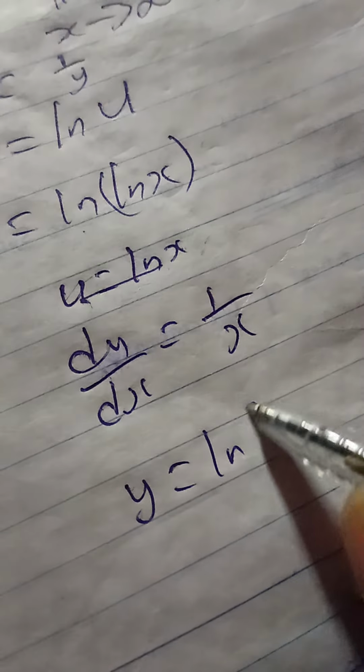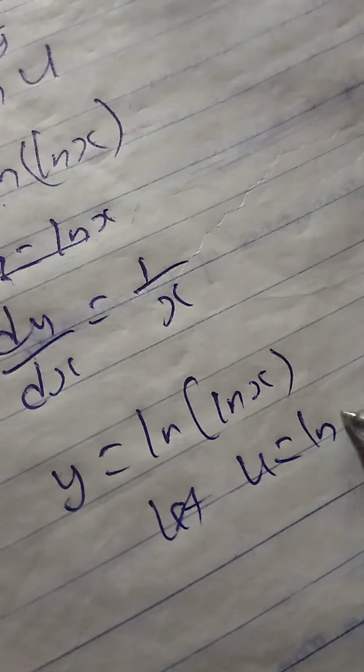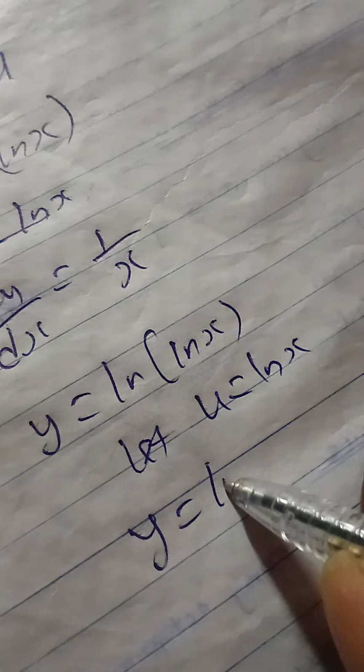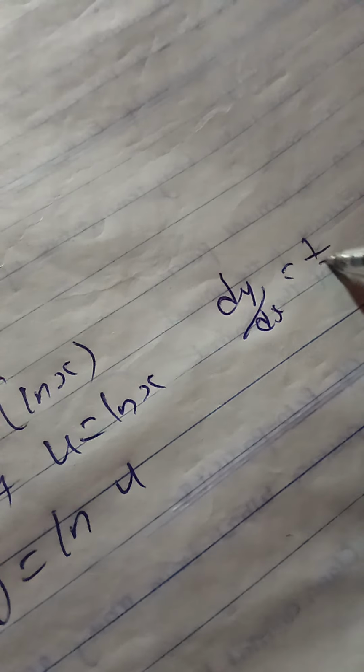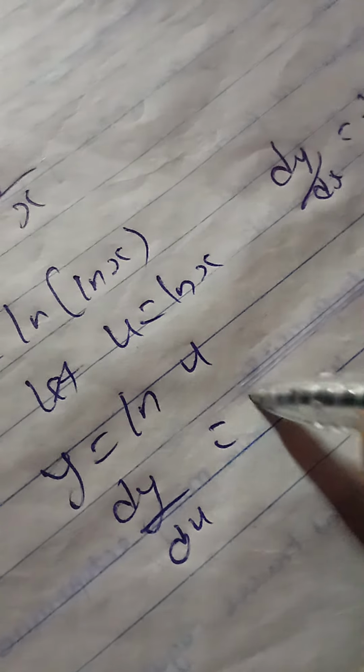Let me come again. If y equals ln x, I say let u be ln x. That means y is now ln u. So du over dx, if you differentiate this, gives you 1 over x. Now dy over du will give you 1 over u.